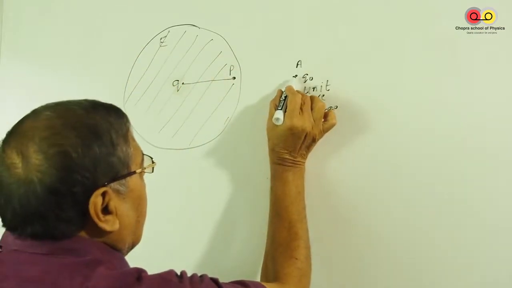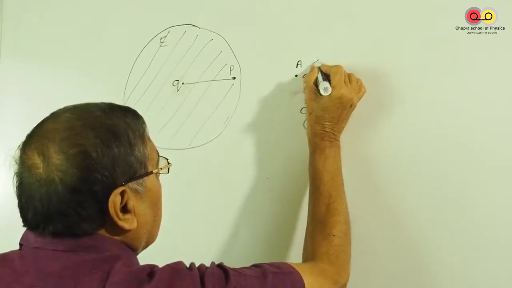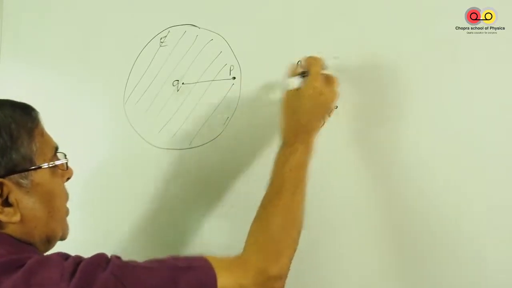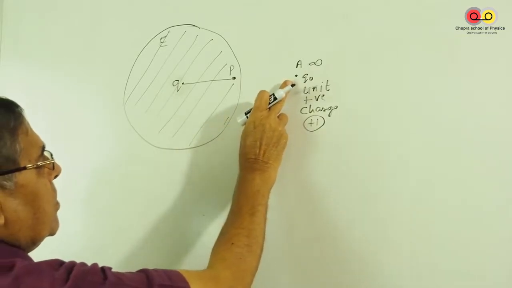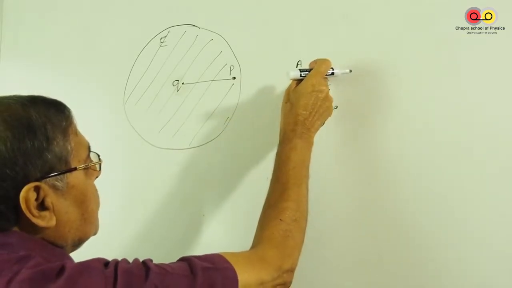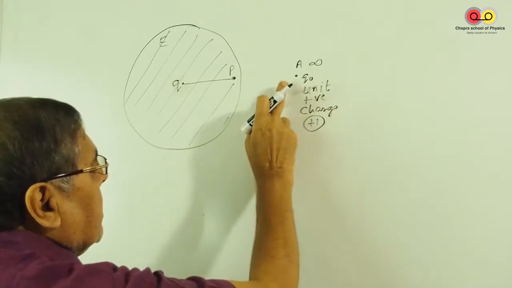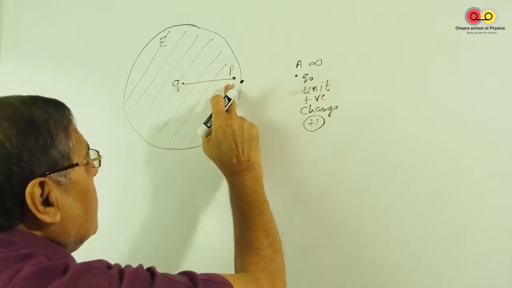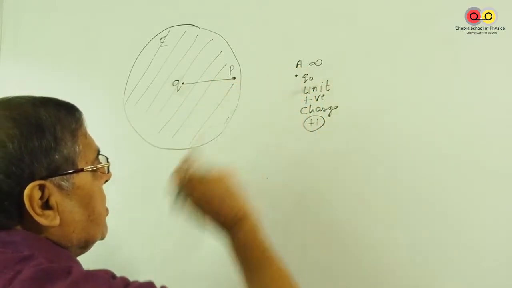Now this charge is at infinity. Any point outside the field is supposed to be infinity. This unit positive charge situated here will not move from A towards P by itself because its energy will be zero.